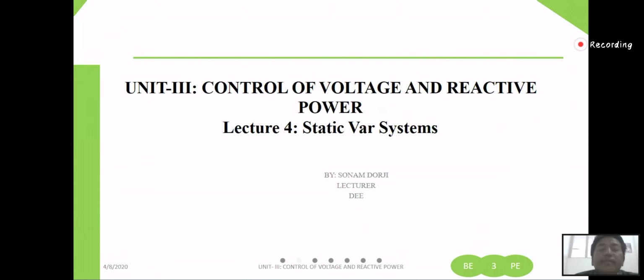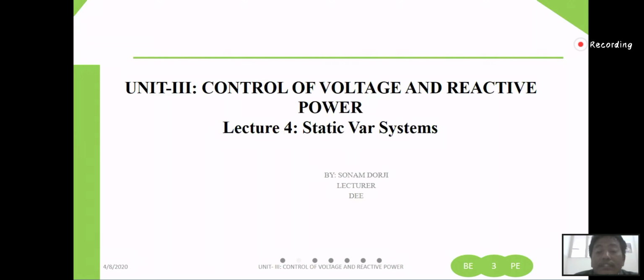What we will do is use the FACTS device to control the voltage as well as the power factor. As per the syllabus, it says control of voltage and reactive power. If you are able to control the voltage, you will definitely be able to control the reactive power. It has a link. But we'll see how to improve power factor also.